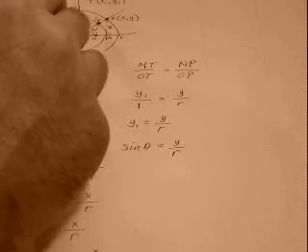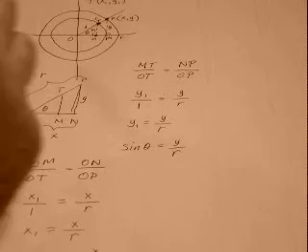The length of the radius, which is the hypotenuse of what we call the reference triangle, is always considered positive, and the angle is always measured from the positive half of the x-axis. So what we have then is sine theta is y over r, cosine theta is x over r, and tan theta is y over x.